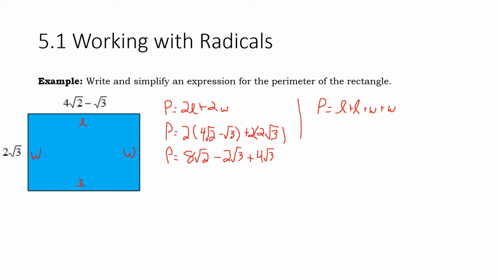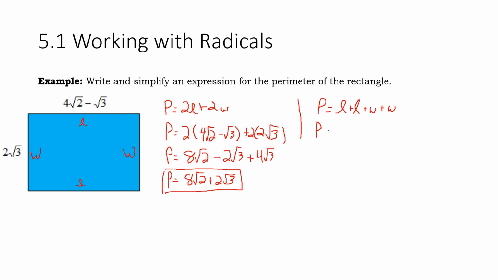See what we can combine here. Root 2's don't combine with root 3's, but root 3's certainly combine with other root 3's. So the 8 root 2 is as far down as we can go for that one. But minus 2 root 3's and plus 4 root 3's, we would have positive 2 root 3's. And that is our perimeter.